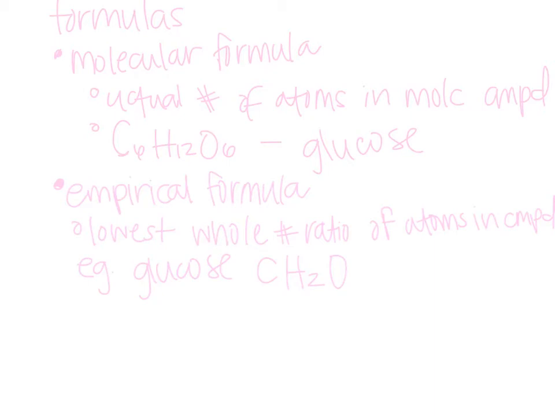So they can figure out the ratio, but they can't figure out how they all fit together if they just have this unknown substance. So that's why the empirical formula is important. And then through further testing, they can figure out the molecular formula.